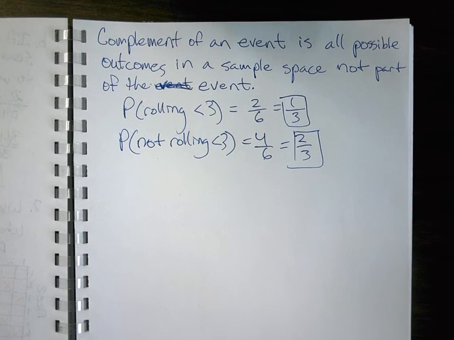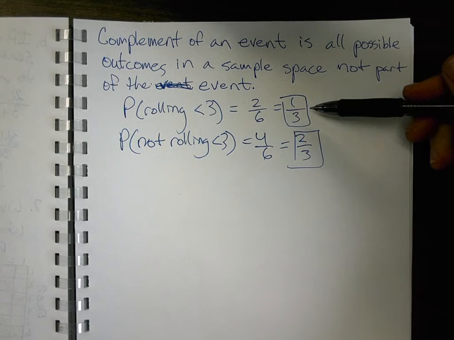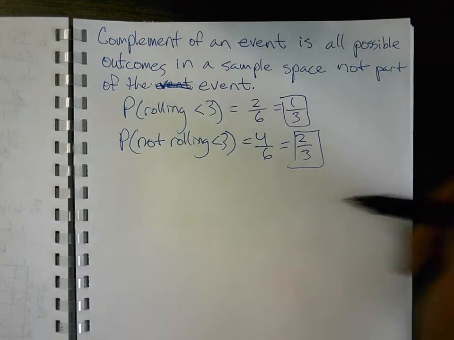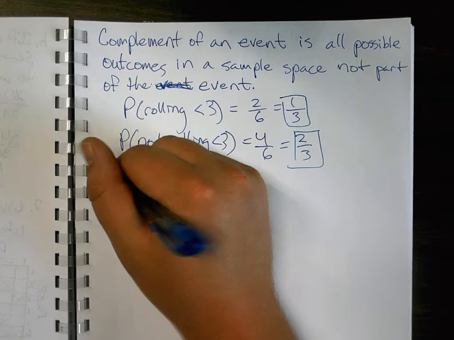So the first one here, rolling less than 3, is an event. Not rolling less than 3 is the complement of that event. And if you add these up together, you just get 3 out of 3, or you get 1.